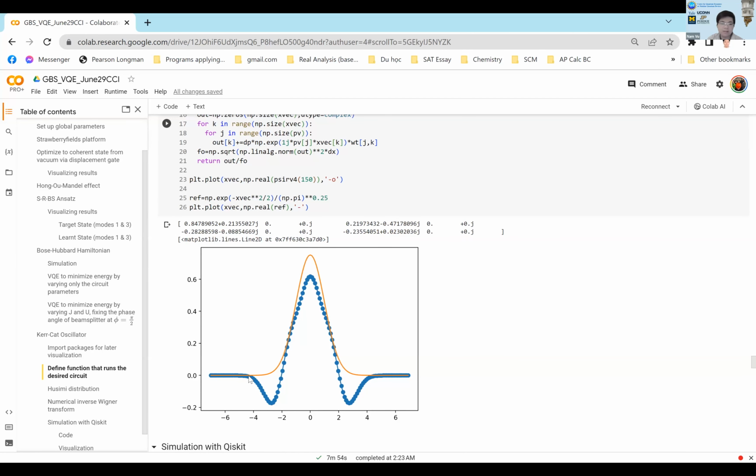And as you can see, the blue line here shows you how it actually propagates over time, and more on this when we get into it later. And so that's for the Kerr oscillator, as a first exposure to simulating quantum dynamics.